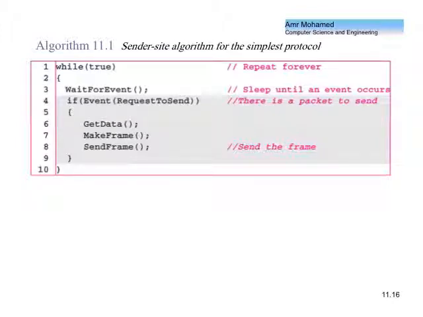Okay? And then what I need to do is just to wait for an event. Wait for an event is a function that we call a blocking call, meaning that I will never get out of this function unless an event happens. Once you get to this function, everything will stop, and we'll wait for an event to happen.